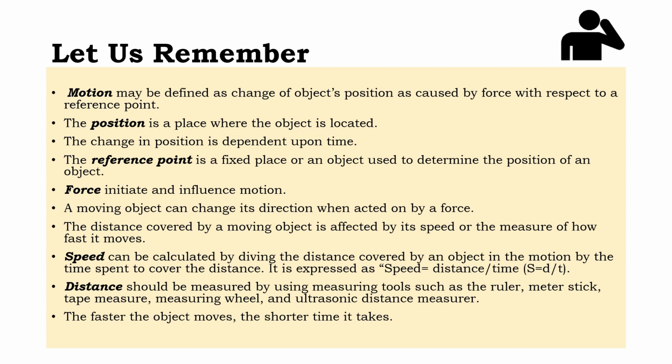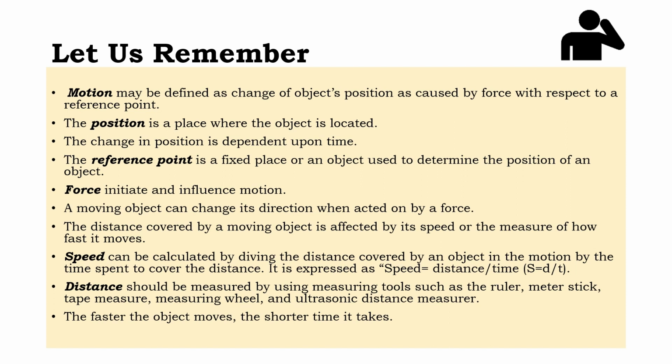The distance covered by a moving object is affected by its speed, or the measure of how fast it moves. Speed can be calculated by dividing the distance covered by an object in motion by the time it spent to cover the distance.